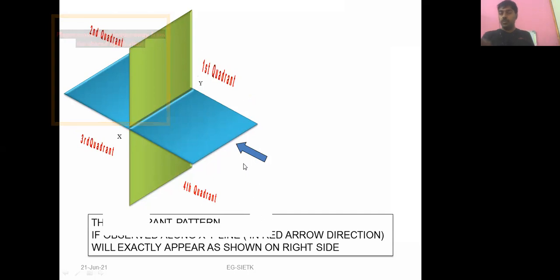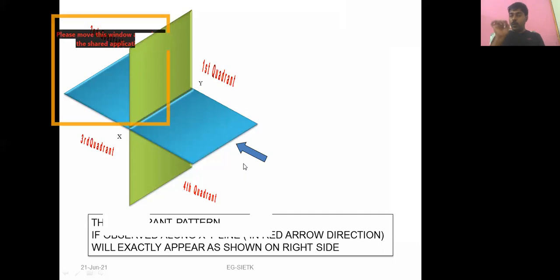Whenever you need to draw any point positions, think where you are standing. If the problem says it is in the first quadrant, please mention it is the first quadrant. Now how am I going to define the first quadrant? Please see.